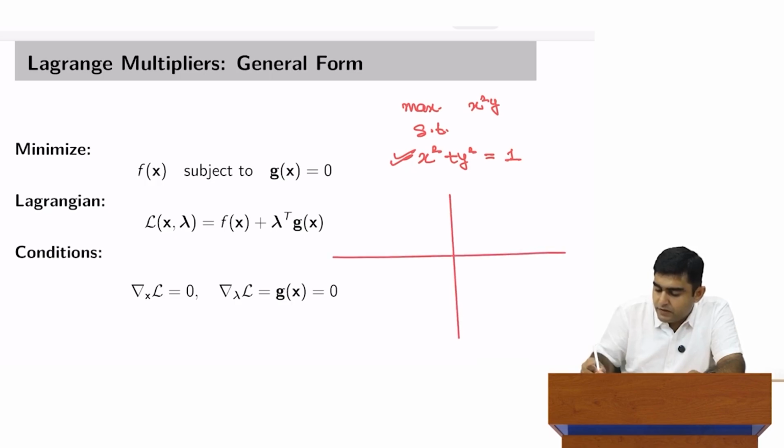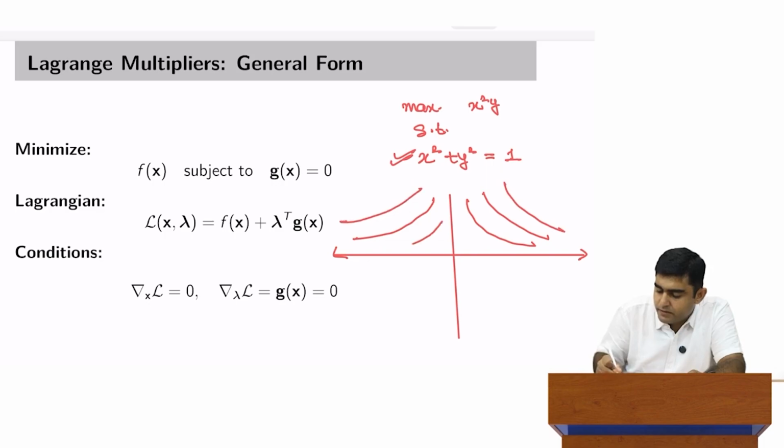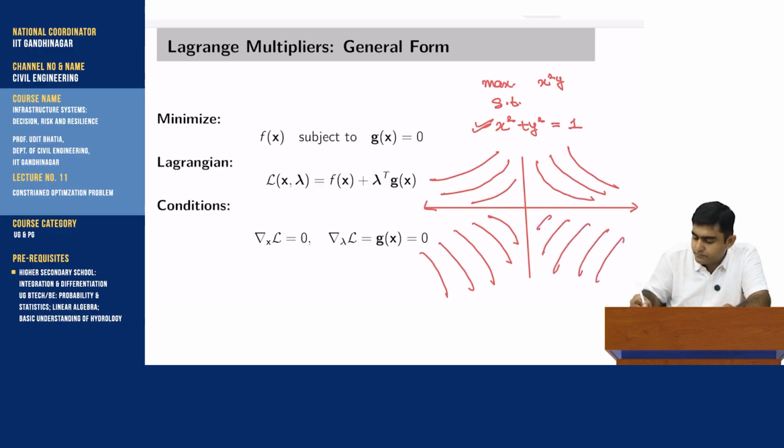If I draw the contours of x square y, they would look something like this. They will be in all these quadrants, and so on. And this would be increasing in this direction. So, this is the direction of gradient of f, because I am calling this f of x and I am calling this g of x.